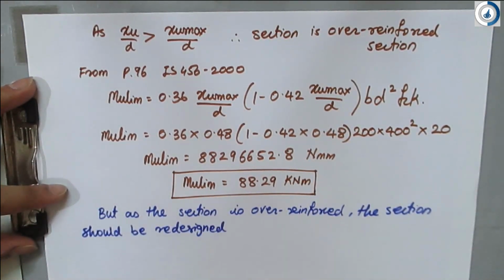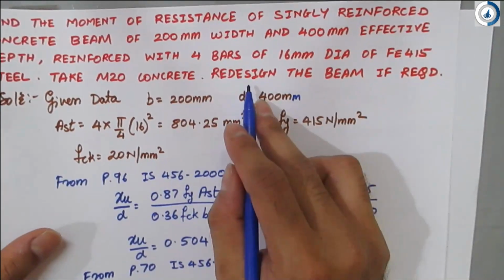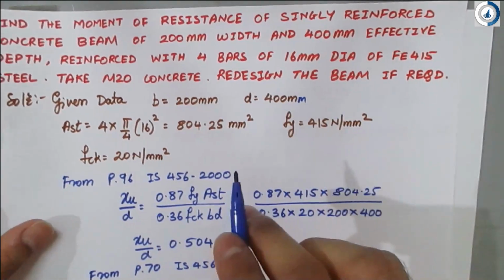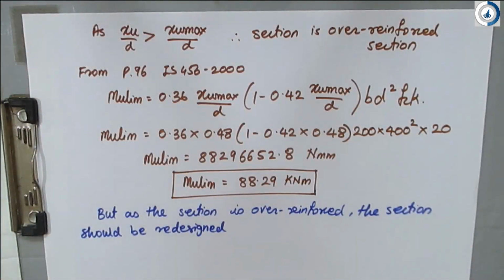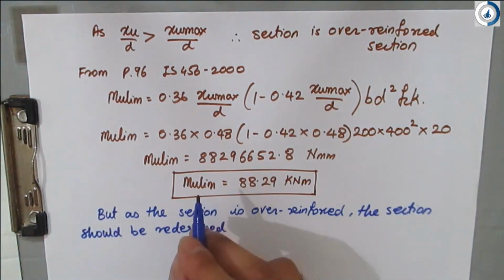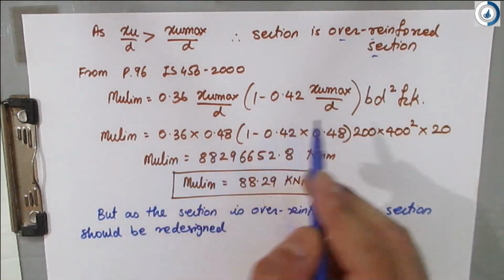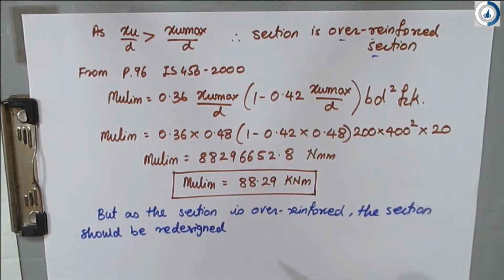That's why in the problem itself they had given to redesign the beam if required. So this is the usual procedure till Mu limit to find out the limiting moment of resistance if the section is over reinforced. But how to redesign the section?